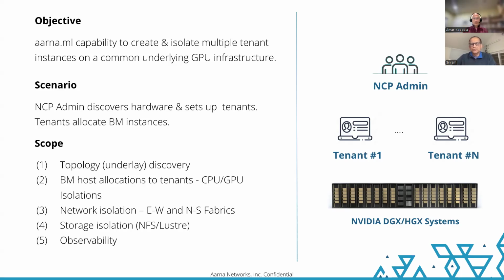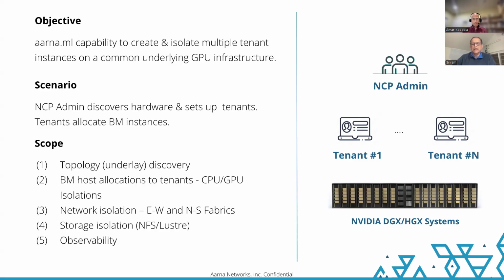So along with that, we'll also show how we're going to do the network isolation. So the network isolation involves both the east-west network and the north-south network. So both of them are fully isolated for each of the tenants. And last but not the least, the storage isolation, right? So obviously each tenant will require a storage for running their training jobs or inference, and they have to be fully secure and isolated.